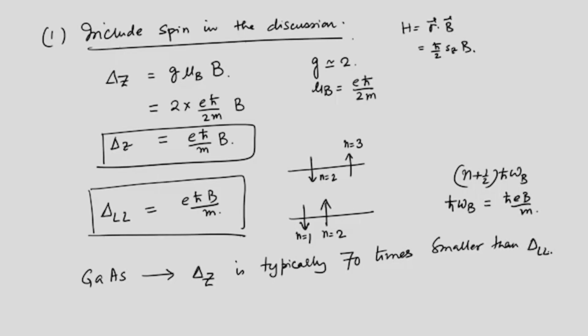So one can conclude that trying to include the effect of spin on the integer quantum Hall effect that we are talking about is a worthwhile exercise. However, it doesn't give you anything significant that we should really be worried about. It's just that the nth Landau level of one spin coincides with the n plus 1th level of the other spin.